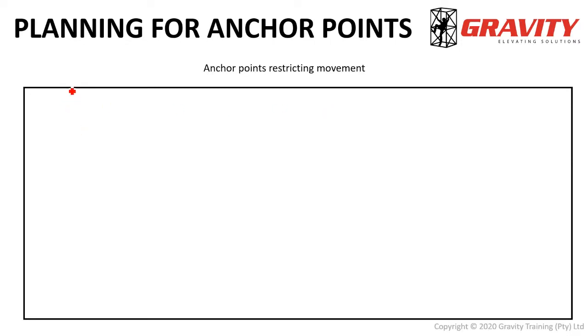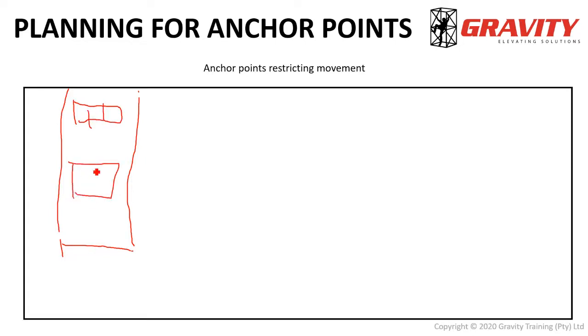If you were to take a front-facing view, let's say here's your building, and let's say for this case we use rope access as an example. So there's your, this is a terrible drawing, but anyway, I hope you get the point. So there's your windows, and you need to watch those windows.